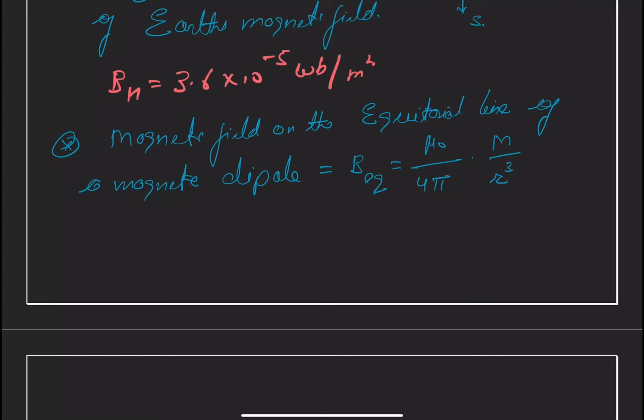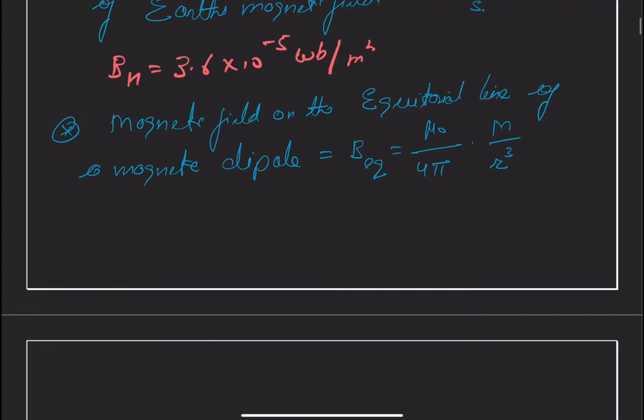In this case it is the distance of the midpoint, so our r will be equal to 0.1 meters, and mu naught upon 4 pi is 10 to the power minus 7.